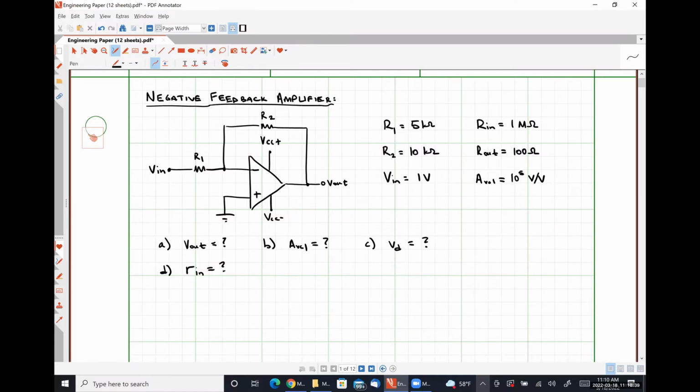That negative feedback is going to cause the inverse effect for the output resistance. So our output resistance of 100 ohms, we expect to get significantly smaller.